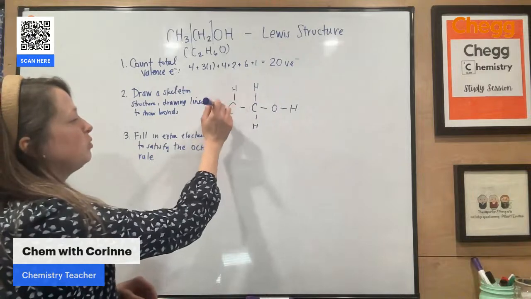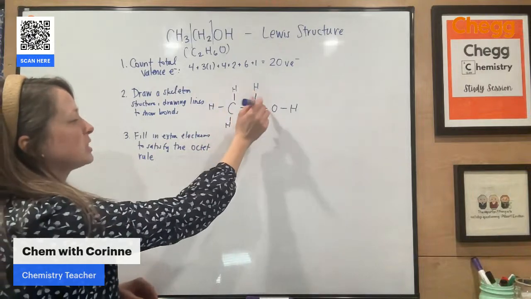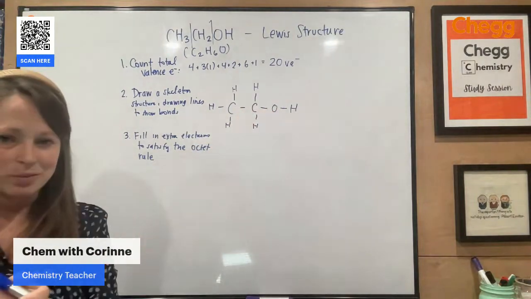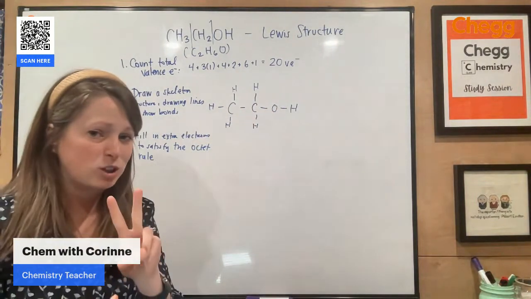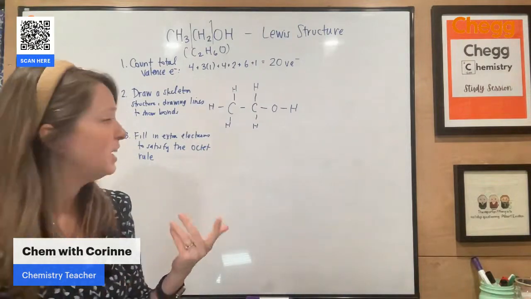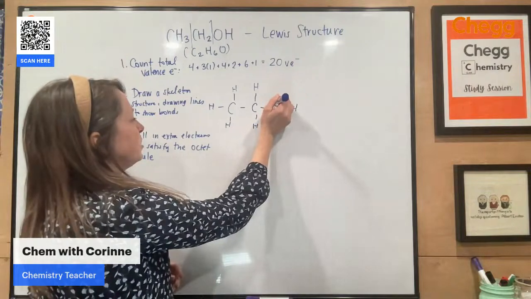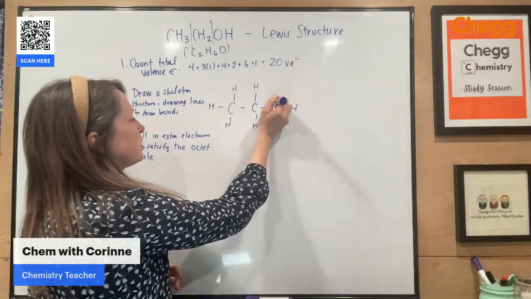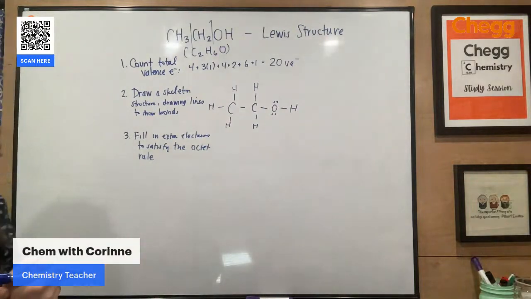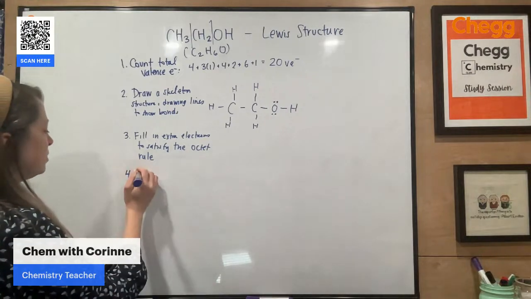Carbon has 2, 4, 6, 8. Both of my carbon atoms look good. But what's missing around the oxygen? Right now, the oxygen has only 2 bonds. That means it only has 4 electrons technically. So I'm going to have to draw in those lone pairs. Those are the extra electrons that are not shared in a bond. Those lone pairs are going to go above and below oxygen. Now, last step is I'm just going to double check my total.